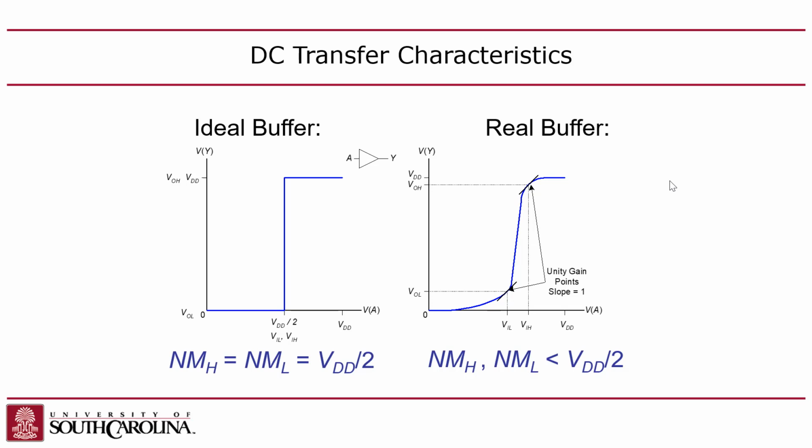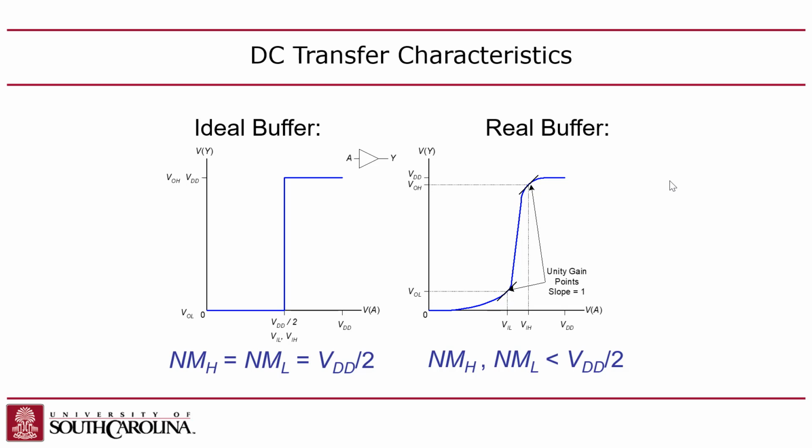Okay, now likewise, the output of the buffer, its voltage at that unity gain point is VOL, right? Now VOL, luckily, is lower than VIL, right? What that means is that the logic gate's going to keep the voltage pretty low for a while as you increase the input voltage.